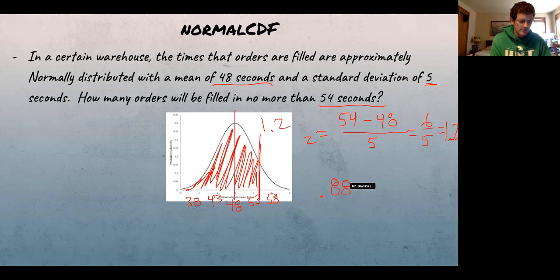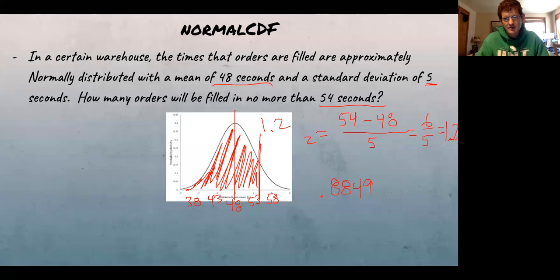You should see the numbers 8849. So when you guys start writing the answers on the screen, you can just put the first 4 decimals and call it good. Round also. So anyways, 8849, 88.5% of data will be less than 54 seconds.